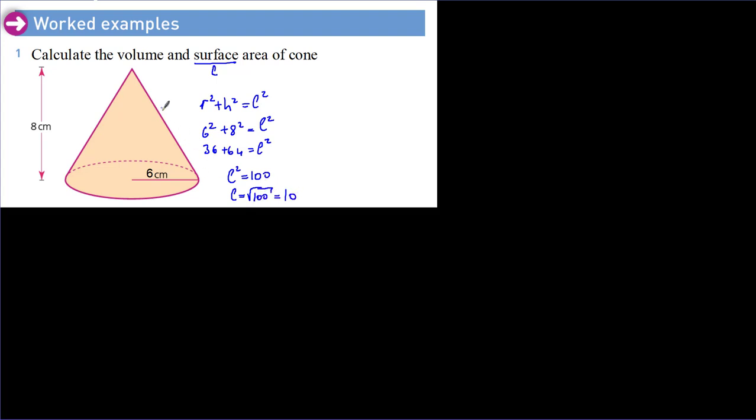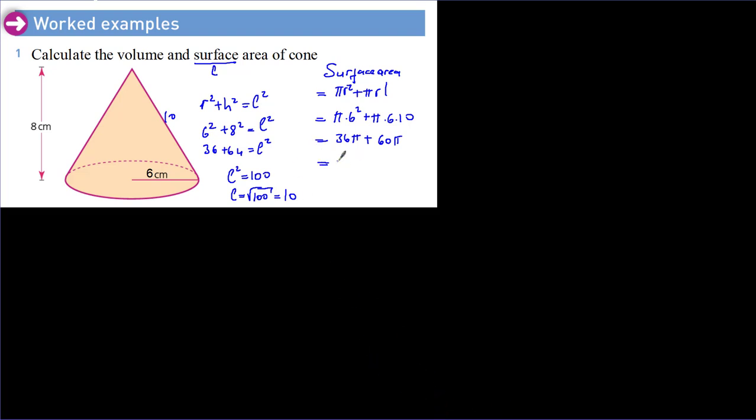Then, if L is equal to 10 here, we can calculate the surface area. Surface area is equal to pi r square, the circle's area, and pi r l, which is equal to pi times 6 square plus pi times 6 times 10, which is equal to 36 pi plus 60 pi, and the result is going to be equal to 96 pi.